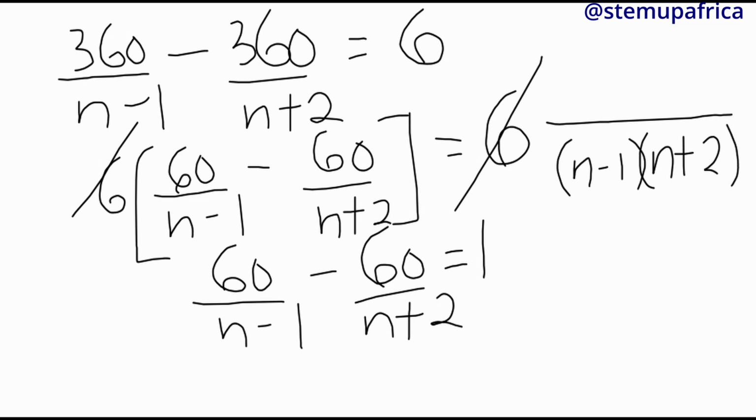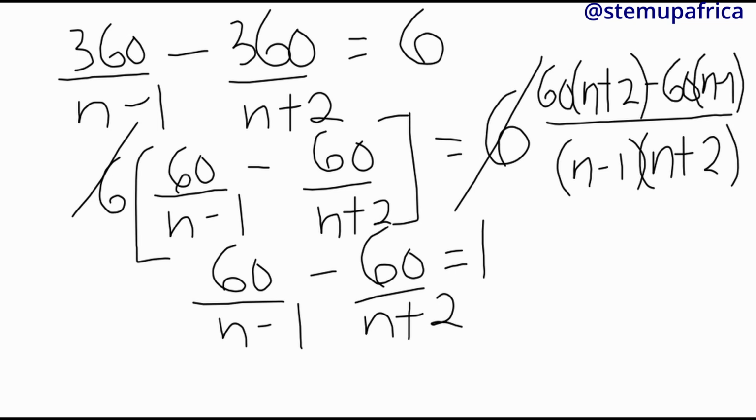If the denominators go into this, I'll be left with n+2 multiplying 60, so I have 60 times (n+2). For the other, I'll be left with n-1 times 60, so minus 60 times (n-1). Our result is equal to 1.